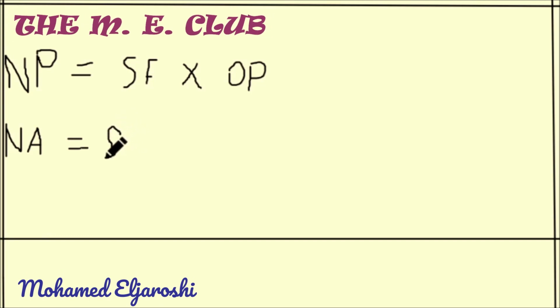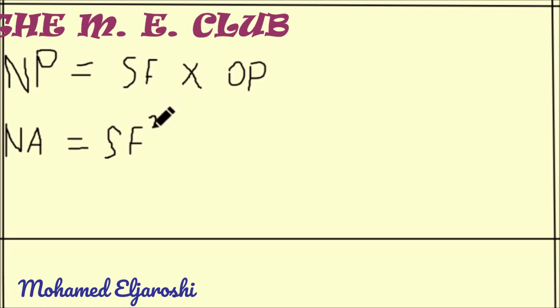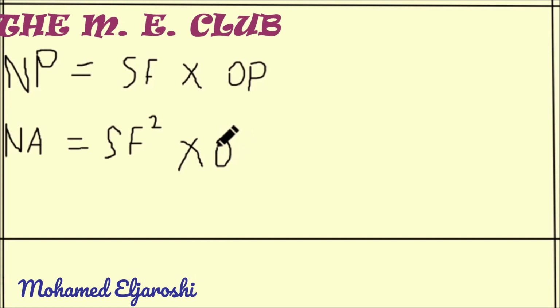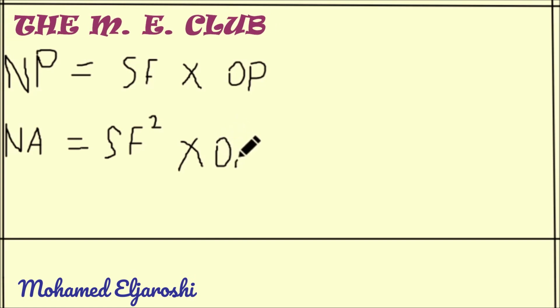Sorry about the handwriting. I just want you to understand this and memorize it at the same time. And then multiply it by the old area, or the area of the small shape. Very good. Now this is for the area.